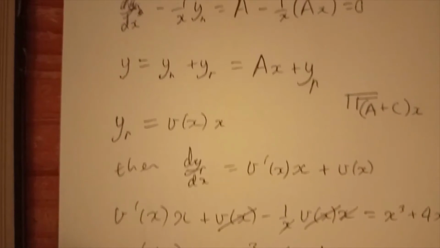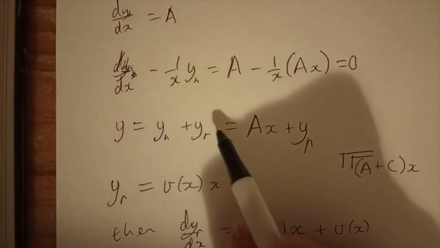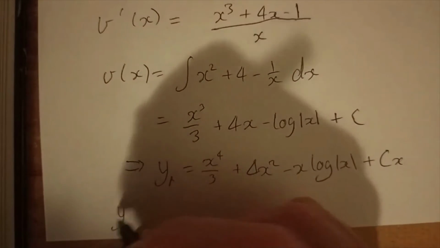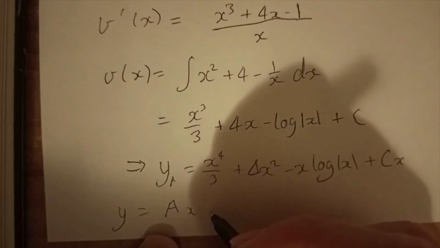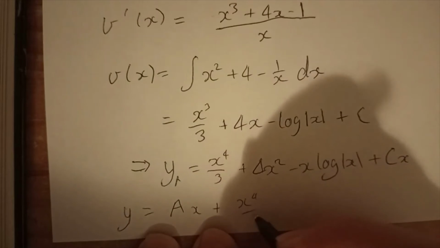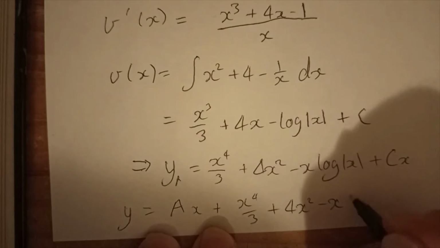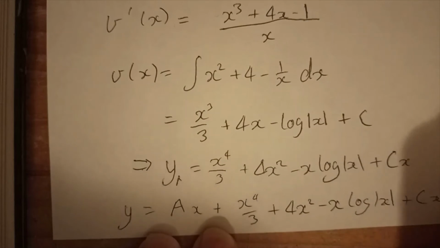So that means that our general solution to the differential equation, yh plus yp or ax plus yp, is equal to ax plus x to the 4 over 3 plus 4x squared, take x times log of x plus cx.